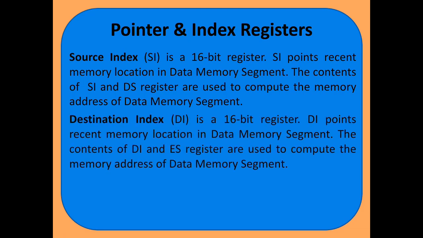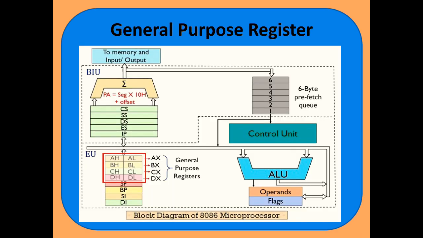Coming to the destination index register, it is a 16-bit register which points to a memory location in the extra data memory segment. So with the content of the destination index register and the extra segment register, we can calculate the address of the extra segment. Coming to general purpose registers.